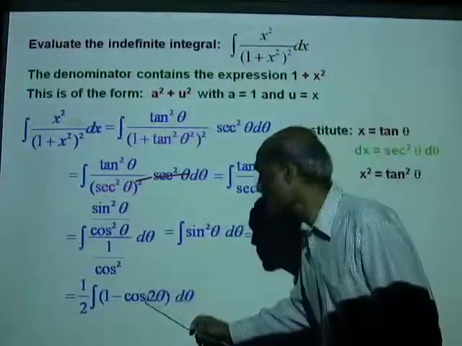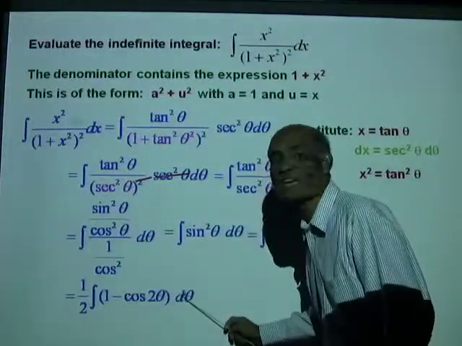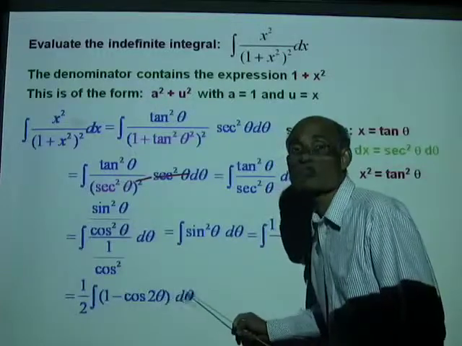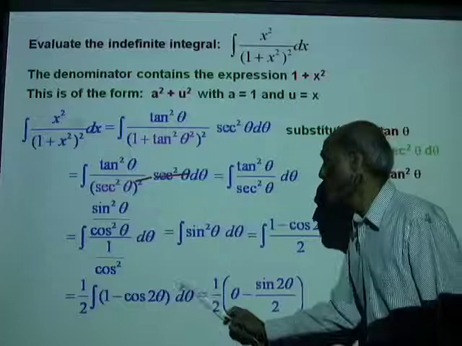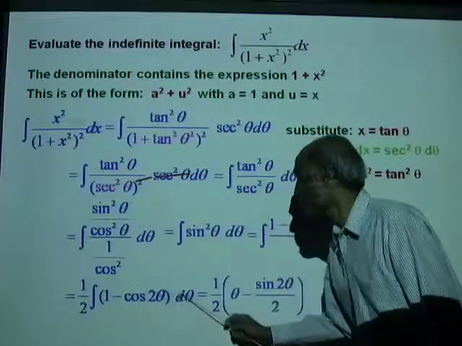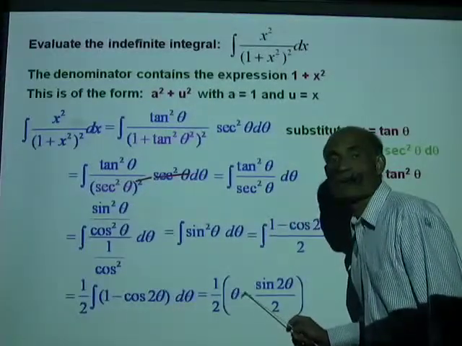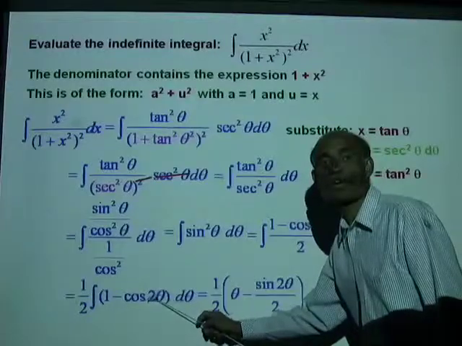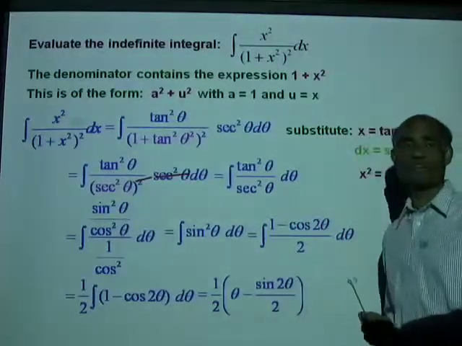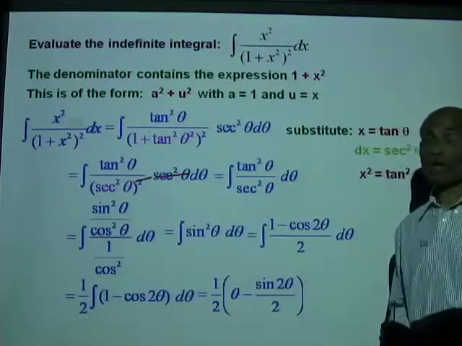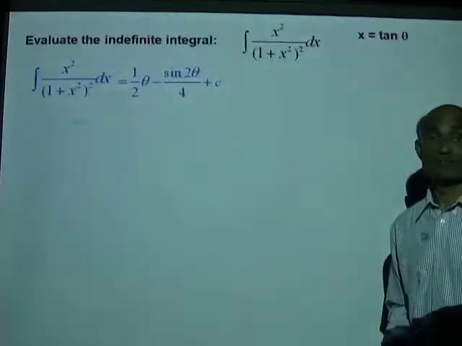So integral of cos 2 theta d theta is sine of 2 theta divided by 2. So that will be 1/2 integral 1 d theta is theta minus integral cos 2 theta d theta is sine of 2 theta divided by 2. Well, are we finished? No.